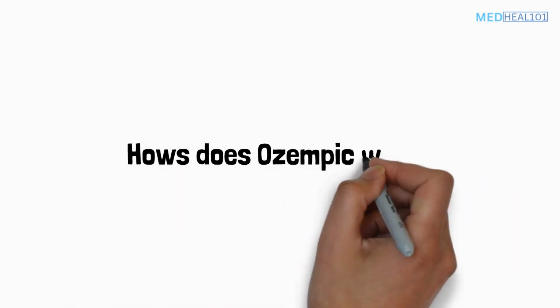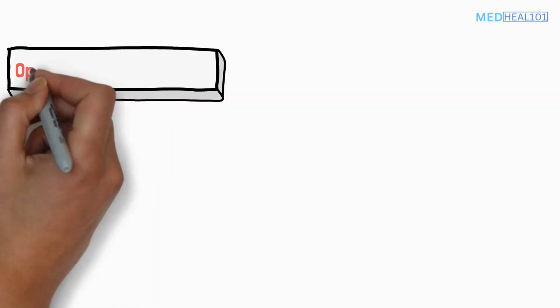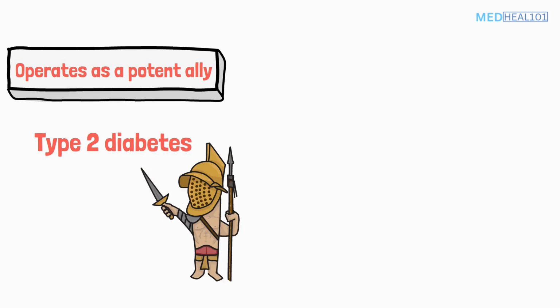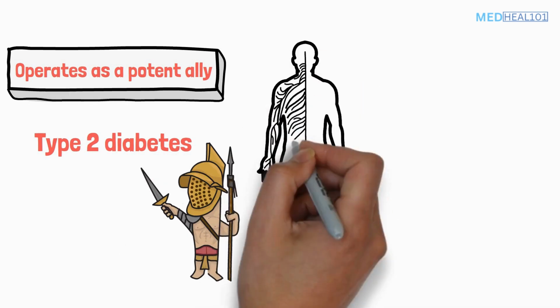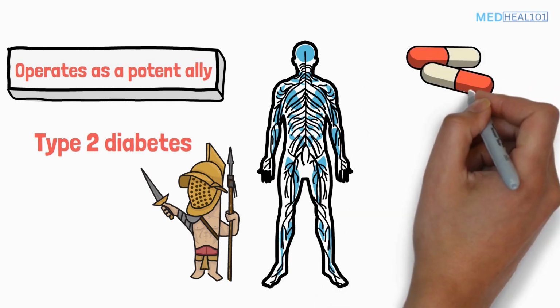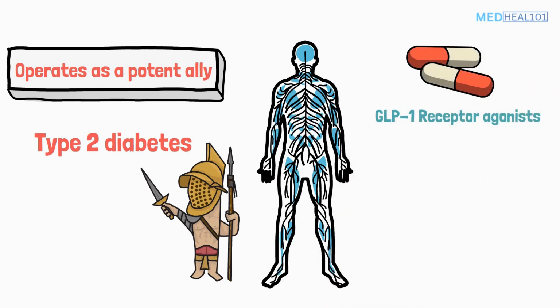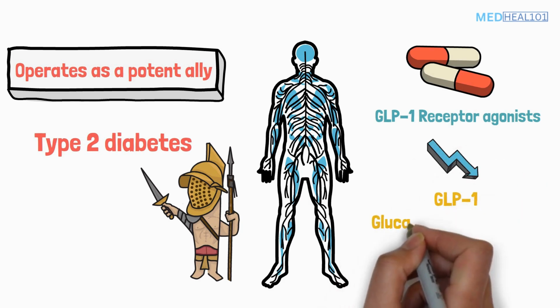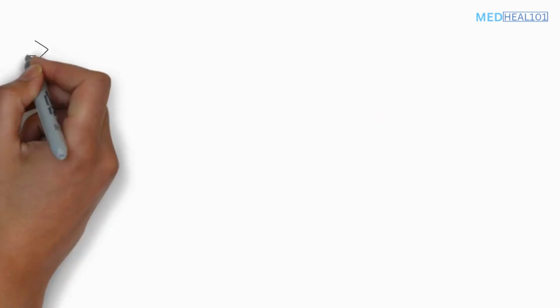How does Ozempic work? Ozempic operates as a potent ally in the battle against type 2 diabetes by leveraging the body's natural physiological processes. At its core, Ozempic belongs to a class of medications known as GLP-1 receptor agonists, which emulate the actions of a crucial hormone called GLP-1, or glucagon-like peptide 1.